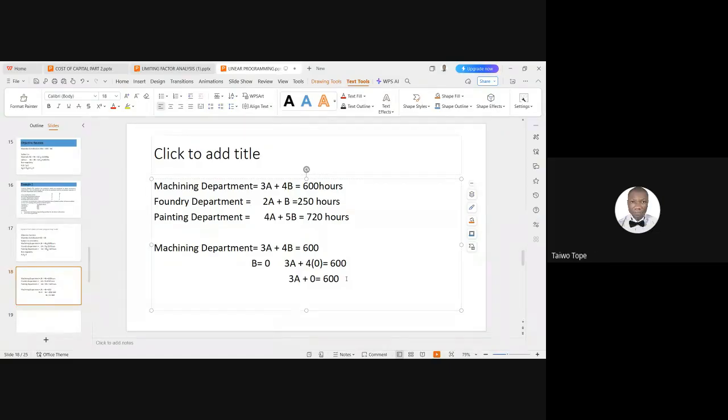So we now have 3A standing alone equal to 600 minus 0. I'm just showing it, because I know we might not be on the same pedestal. So we have 3A equal to 600, because 600 minus 0 is 600.